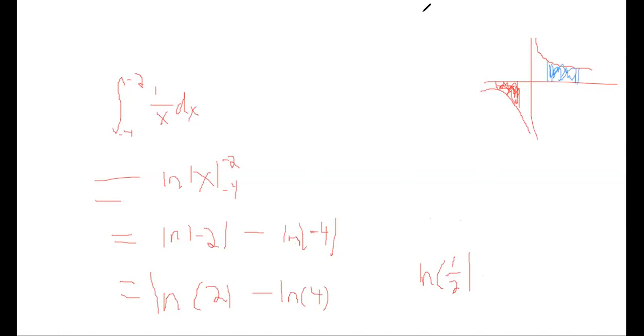The log of a number between 0 and 1 is always negative, assuming you have a base above 1 anyway. ln is base e, so ln of a fraction below 1 is always going to yield a negative number. So this fits. And that's about all I wanted to deal with here.